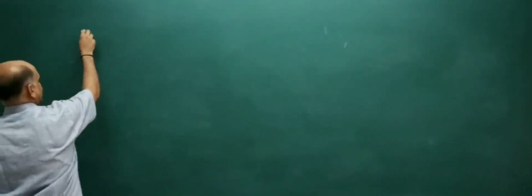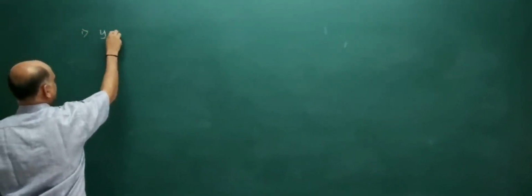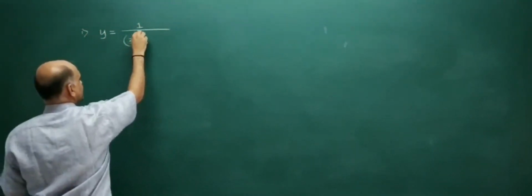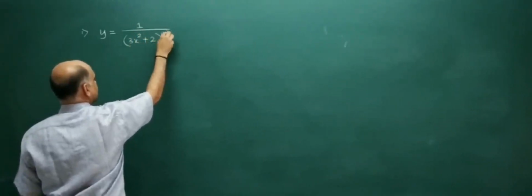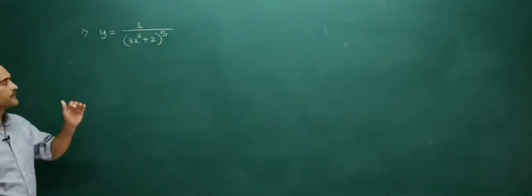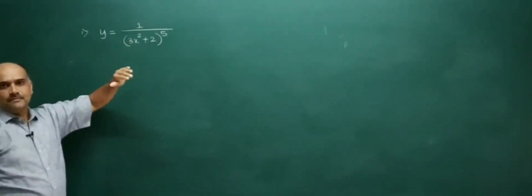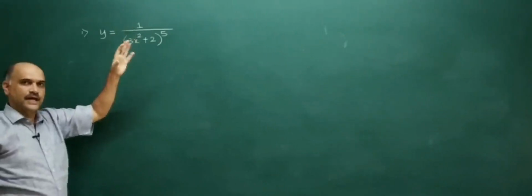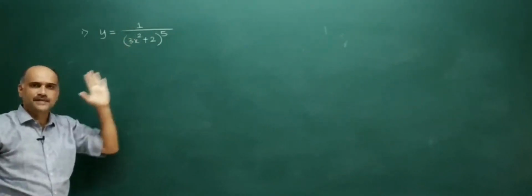If I take y is equal to 1 divided by 3x square plus 2 bracket raised to 5. One method is you can apply u by v, as we have differentiated similarly.